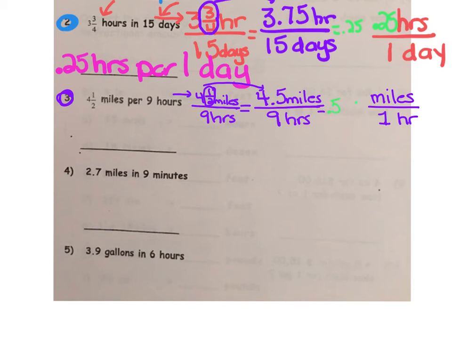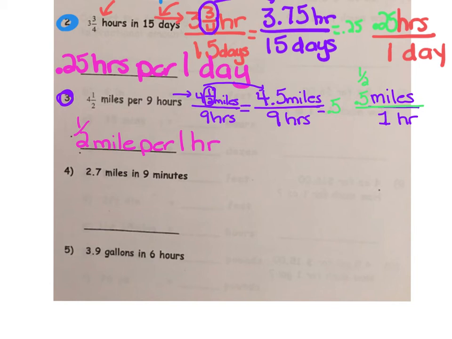But remember, we need the labels. 0.5 miles per 1 hour, or basically half a mile per hour. Let's write it on the line. Half a mile per 1 hour.